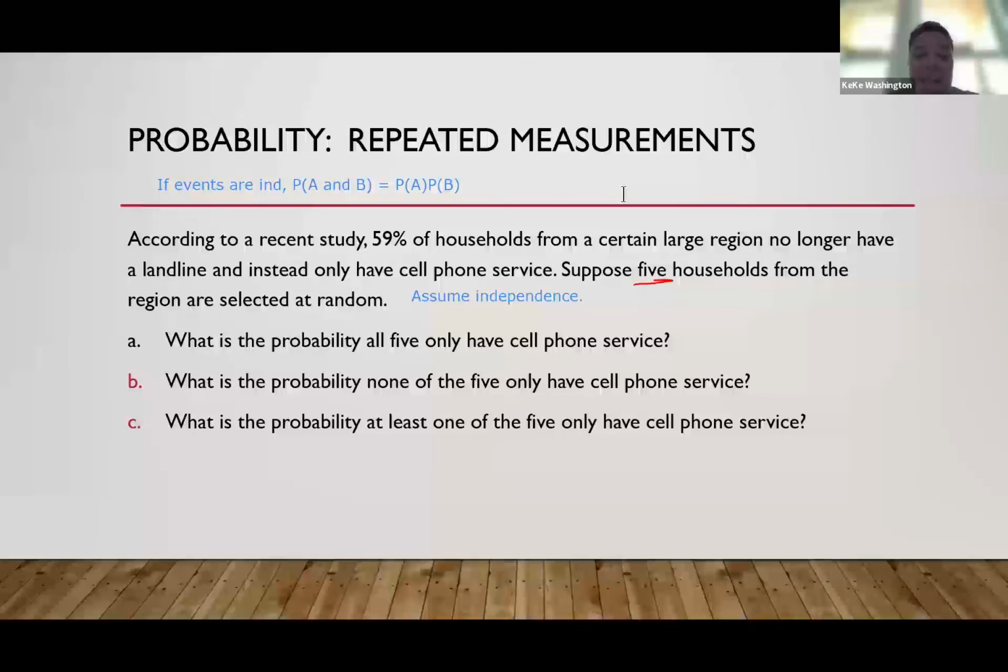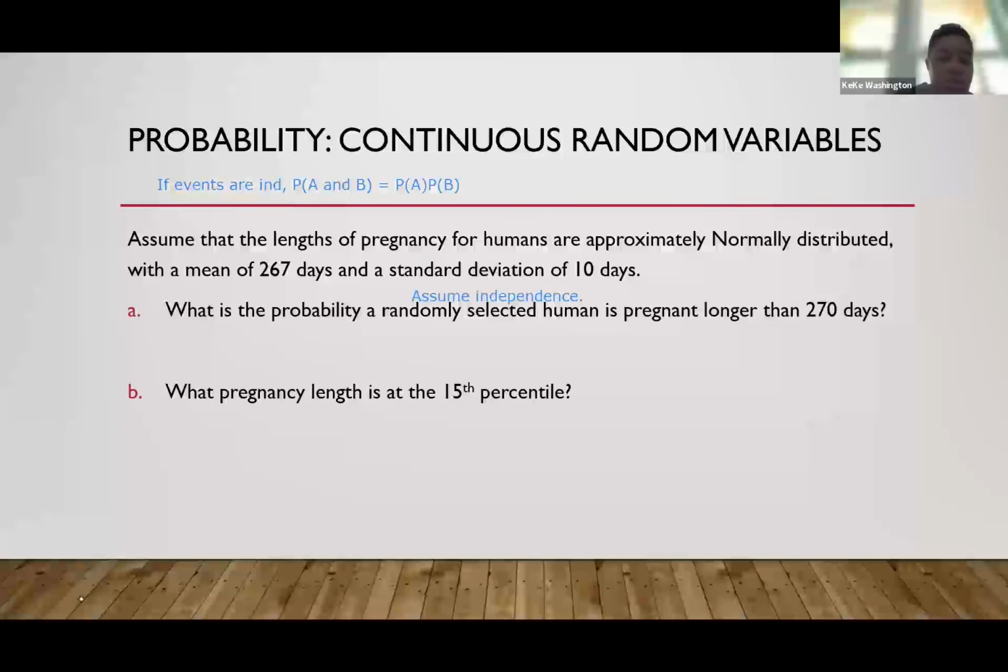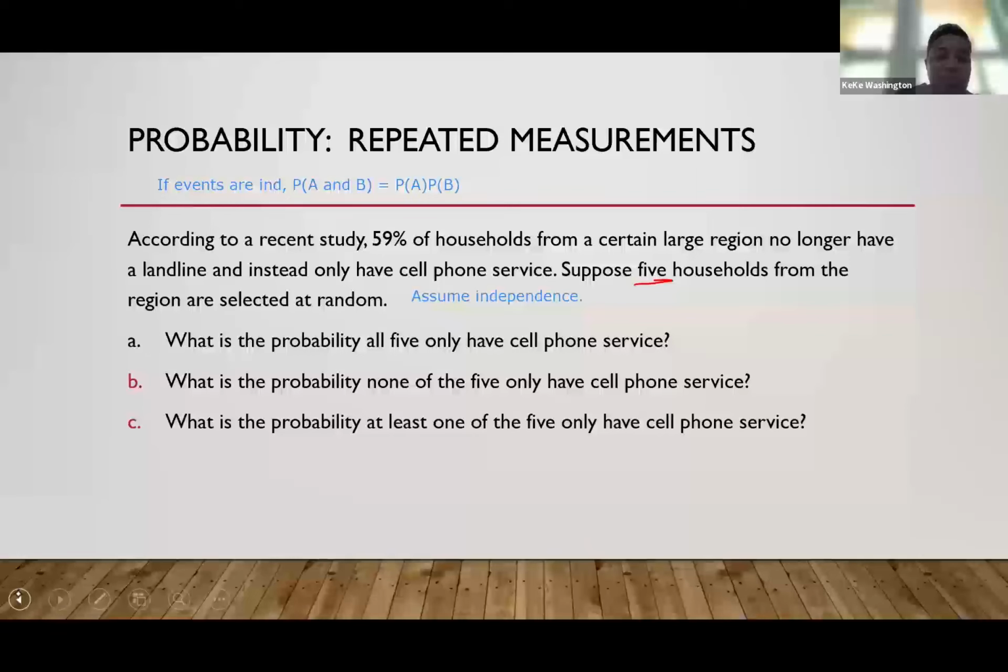So if I have 5 people, what's the probability all 5 of them only have cell phone service if we know that 59% of households have cell phone service?